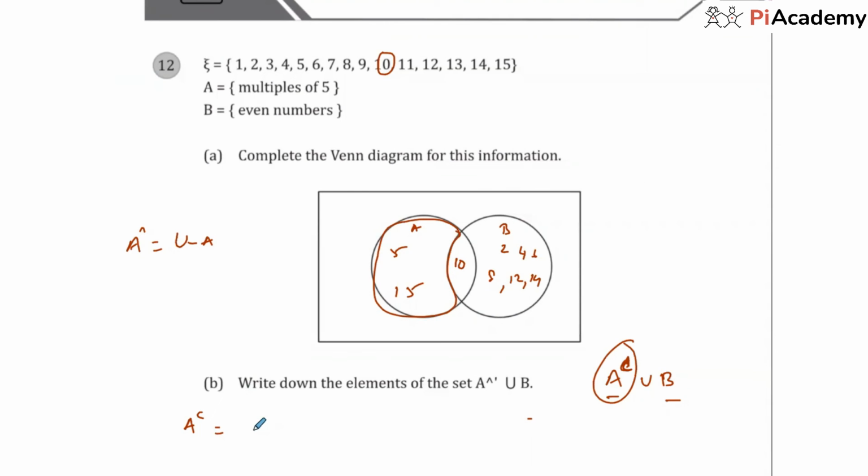So you will write 1, 2, 3, 4, 6, 7, 8, 9, 10, 11, 12, 13, 14, right? 15, you won't write 15. Union B. B is 2, 4, 6, 8, 12, 14.